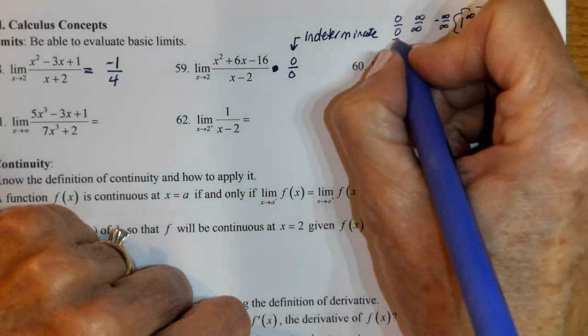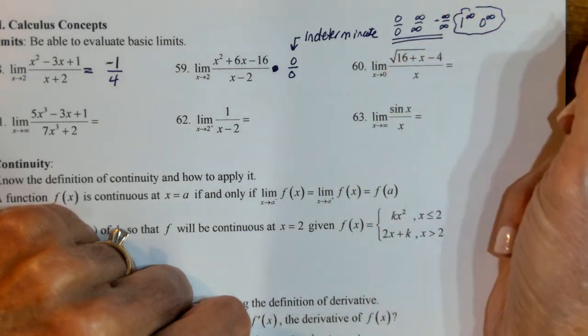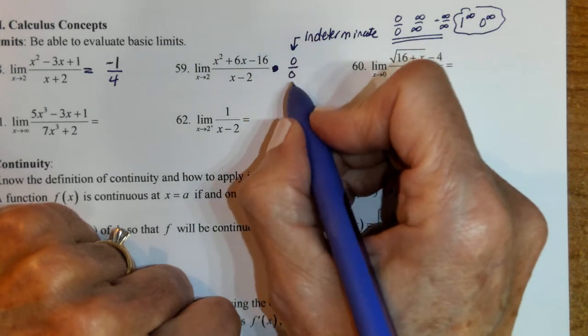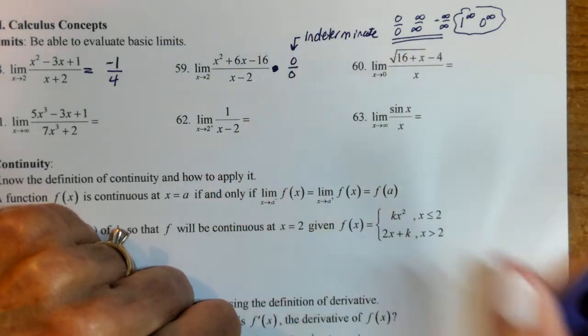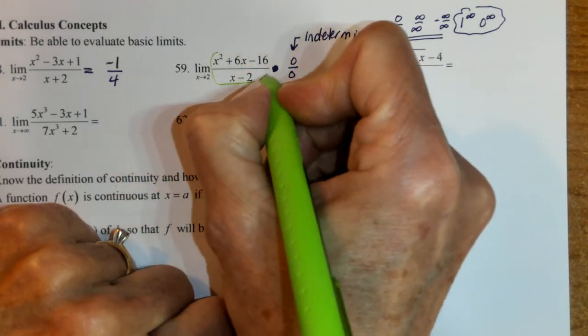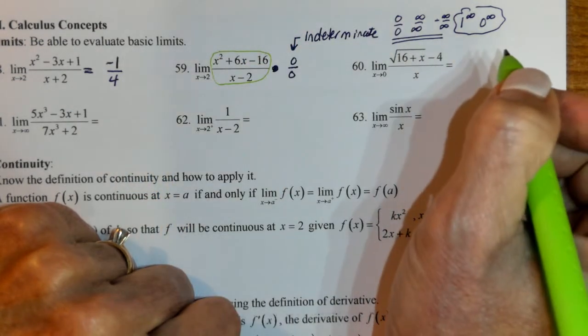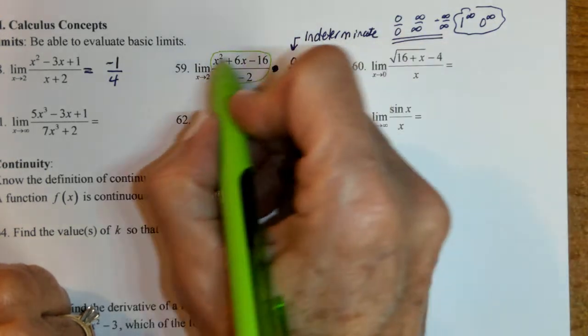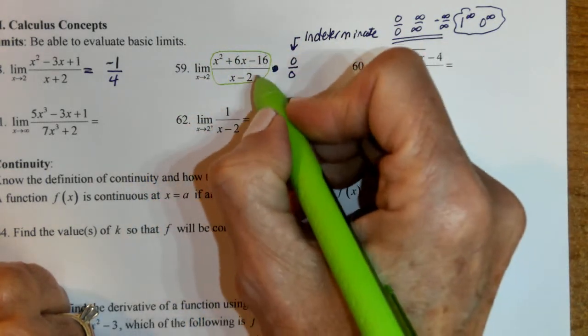But for now, we're going to be focusing on those types and what to do with them. So if you get a 0 over 0, that means we need to do something. We need to manipulate this somehow. One thing that we can do to manipulate that is to factor what we can, and hopefully we'll reduce out what made this 0.